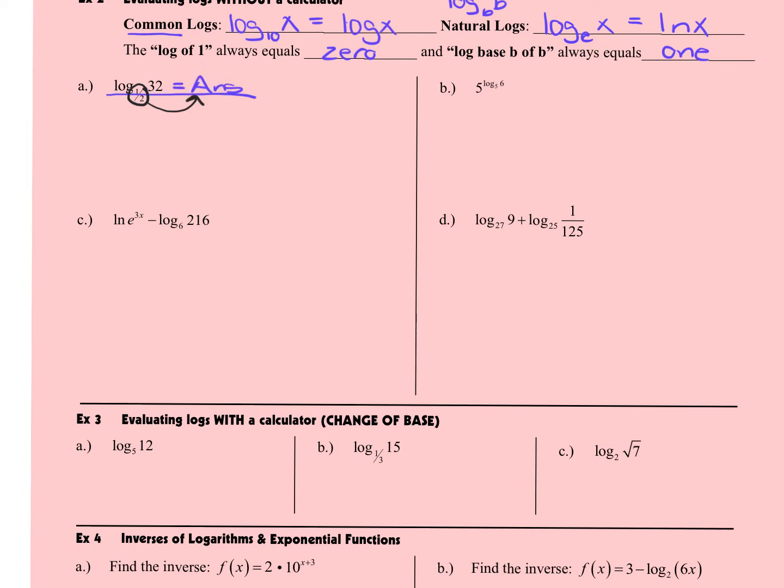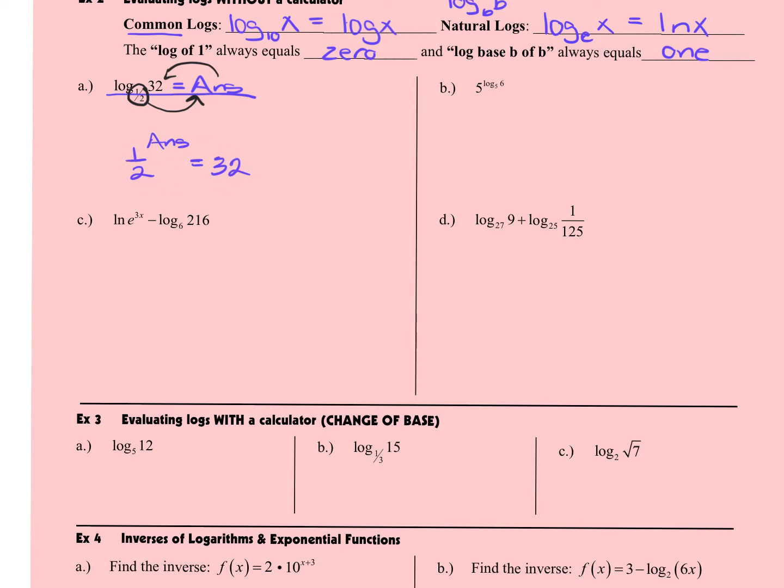So this is going to become 1/2 to the power, and it's just going to say answer, and that's okay. And then we're going to come back around, and whatever the argument was is going to now be on the other side of our equation. So now we have converted this from a logarithmic form to an exponential form.